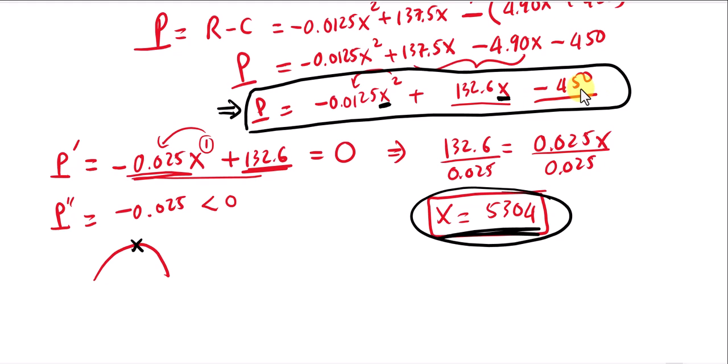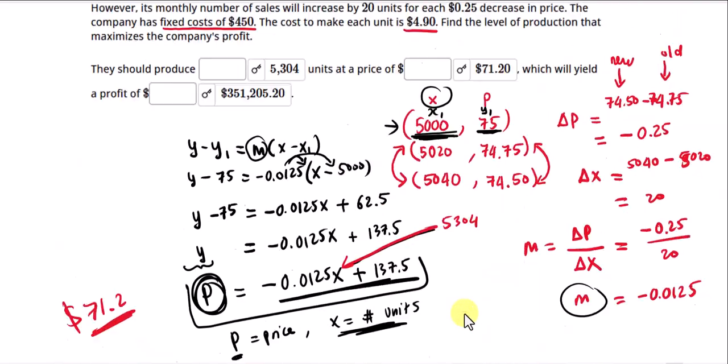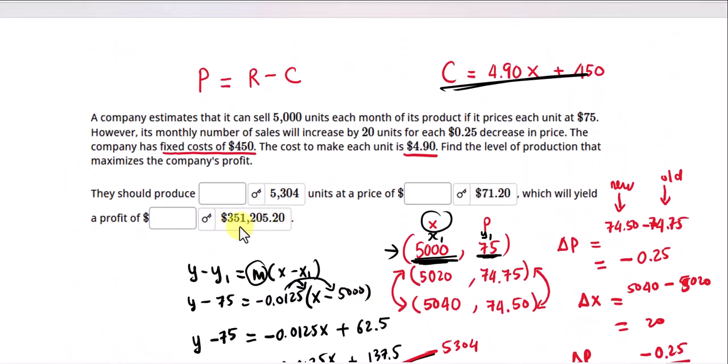The profit that I get should be 351,205.2. So $351,205.20, which is this one right here.